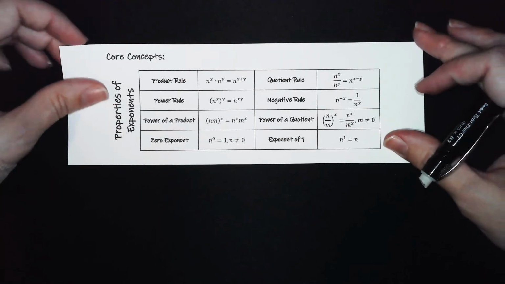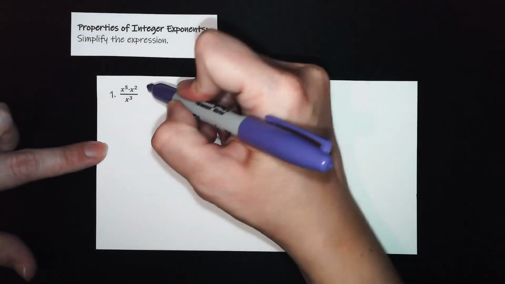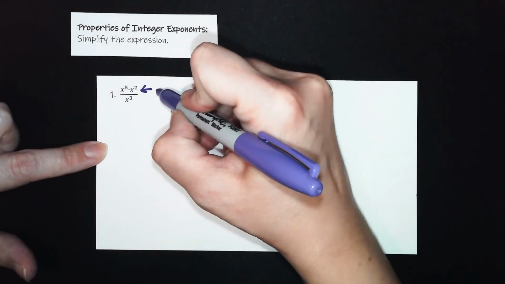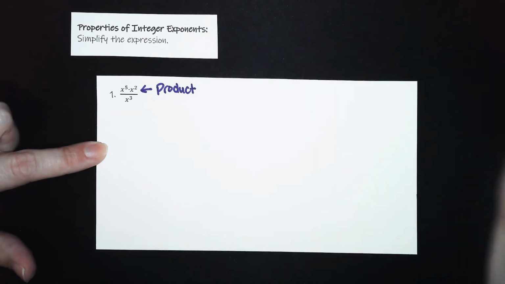Alright, so if we now go to simplifying expressions using these properties, we have number 1. It is x to the 5th times x squared, all divided by x cubed. So let's list the rules that I'm going to need to use. At the top here, I have a product, so I'm going to use the product rule.